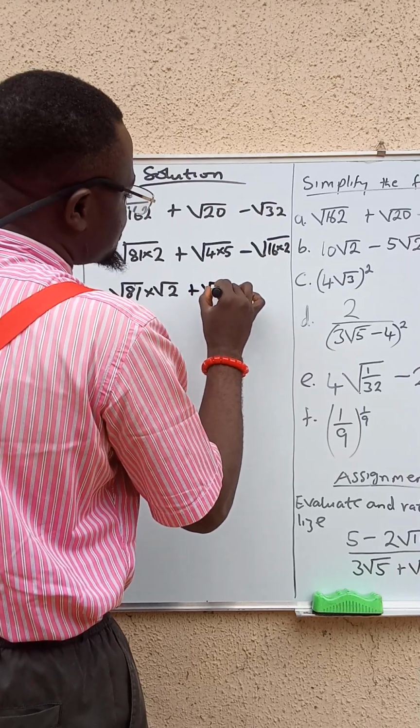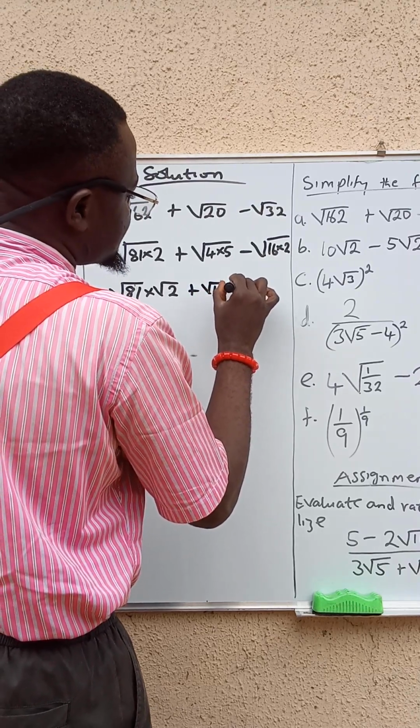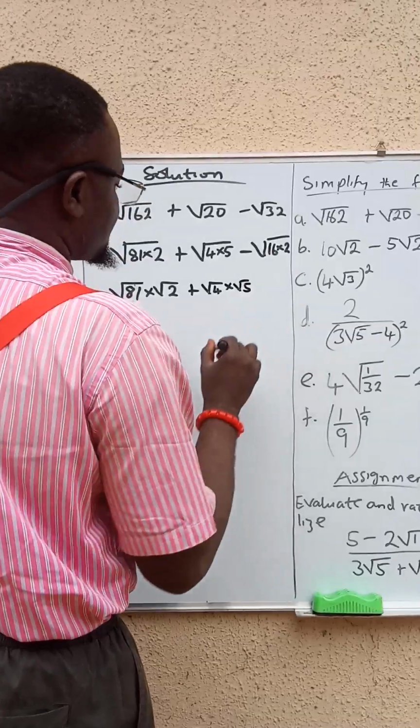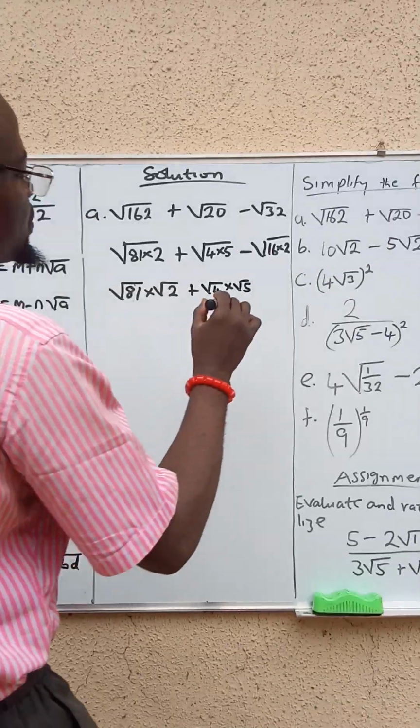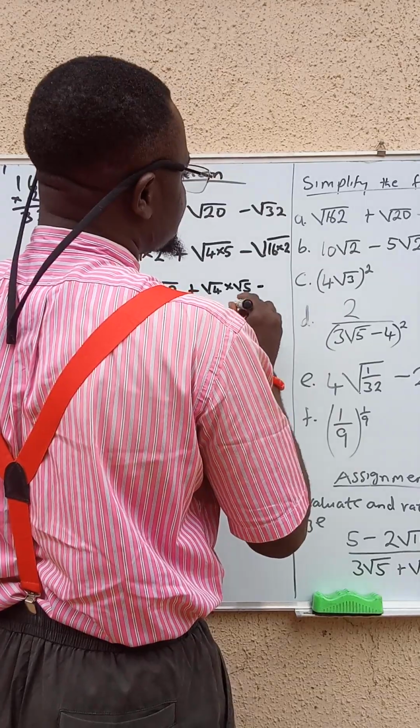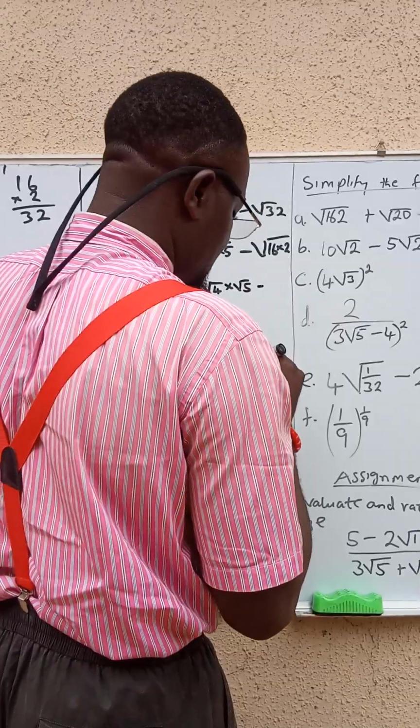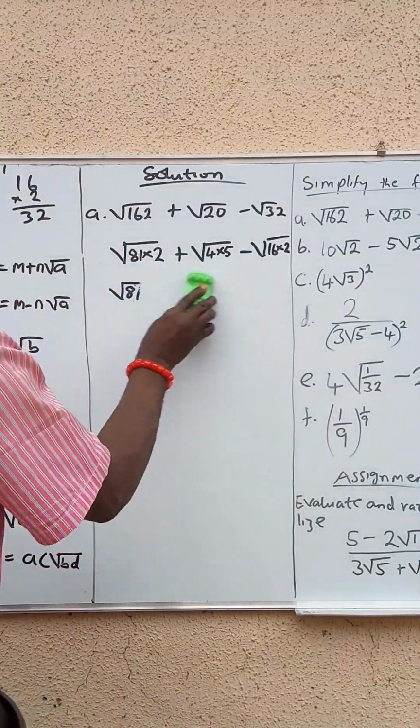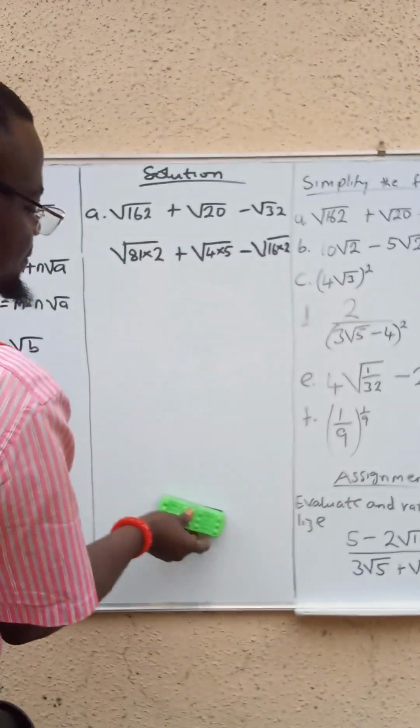This one too is root 4 times root 5. Then this one will be minus. Let me put it so I can show very well, because the place is getting slimmer.